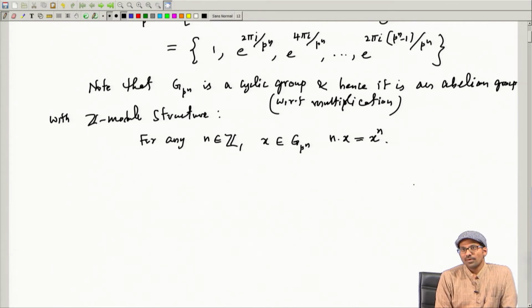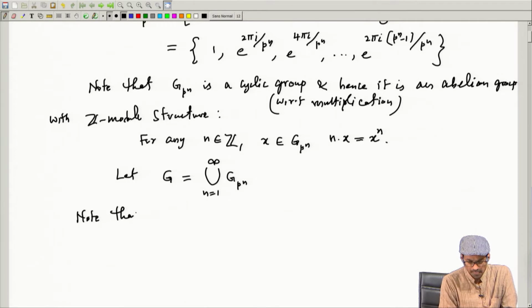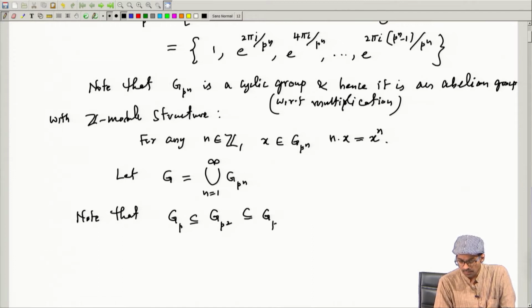So, therefore, for any n we have G_{p^n} as Z-modules. So, let G be the union of G_{p^n} from 1 to infinity. Also note that G_p is contained in G_{p^2} is contained in G_{p^3} is contained in, and so on.